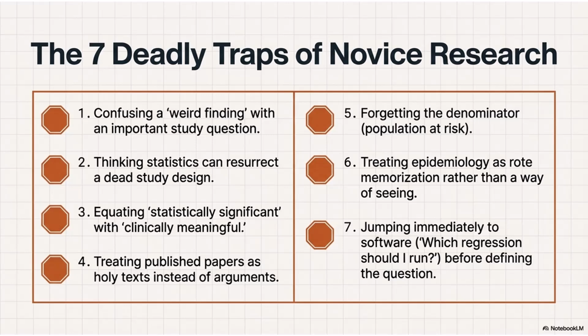Do not start with which regression should I run. Start with, what is my question? What is my design? What is my target population? What bias threatens it? What would be the ideal comparison? Software comes later, okay? Otherwise, Excel and R will simply help you become wrong at higher speed.